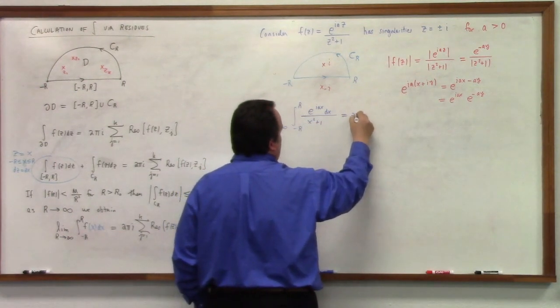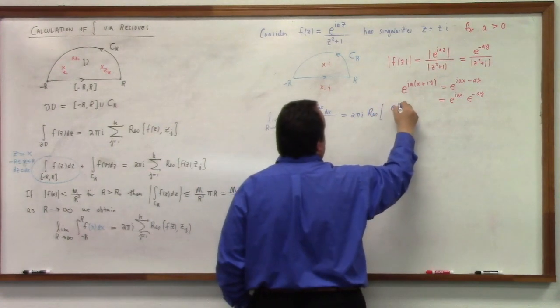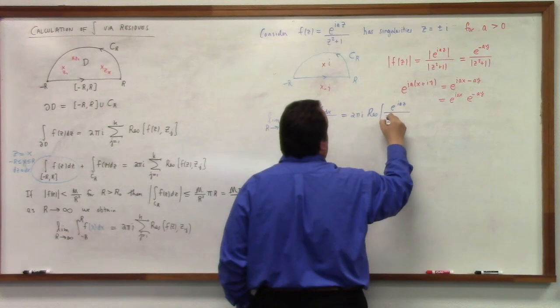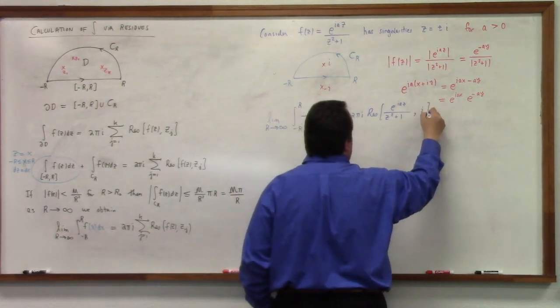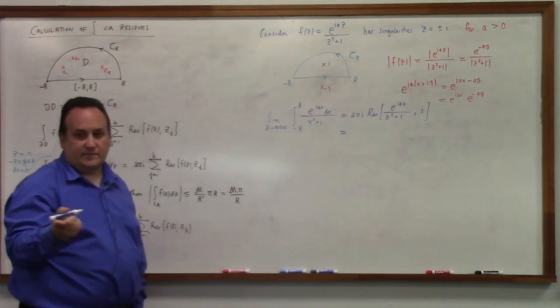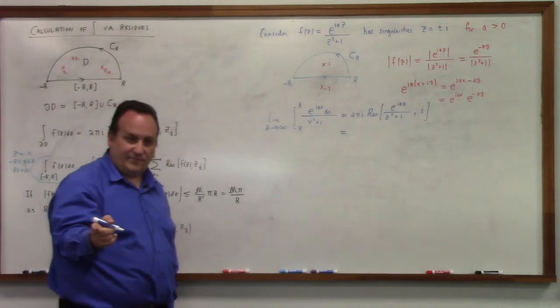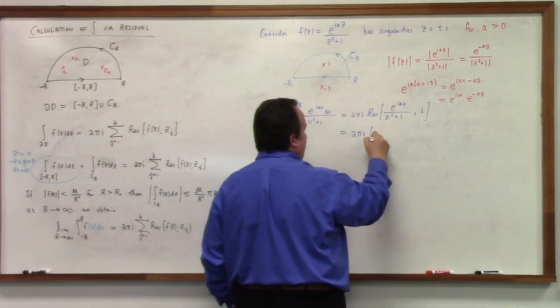Well, that's going to be equal to 2 pi i times the residue of e to the iaz over z squared plus 1 at where? At i, right? And it seems like this is a job for rule 3. Simple pole, 2 pi i.